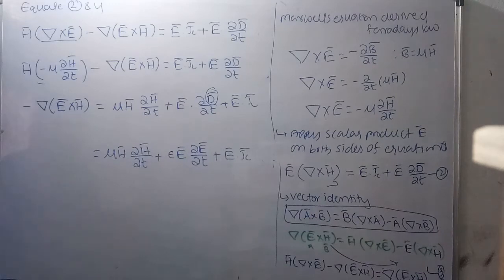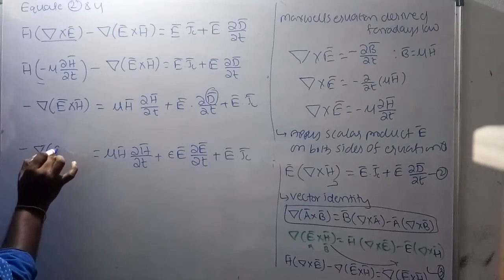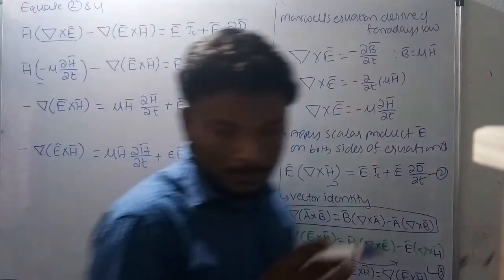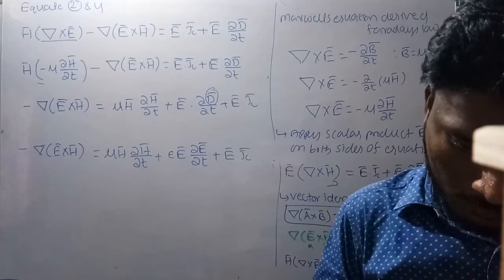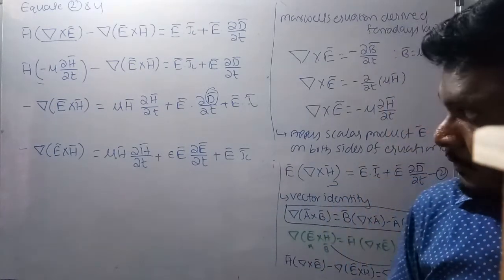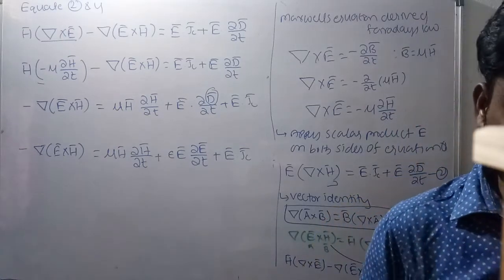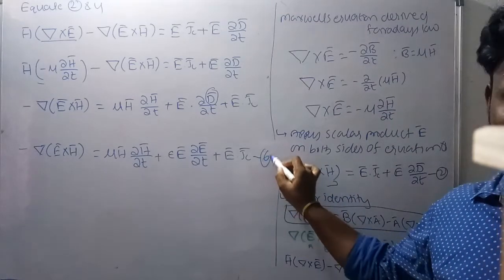Okay, so this is your del of E bar cross H bar. Consider it is equation number 6.